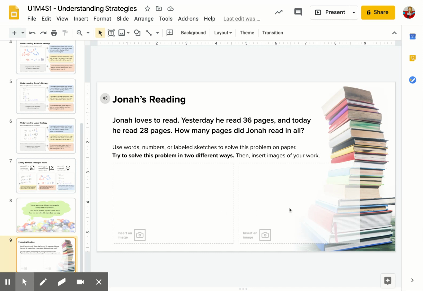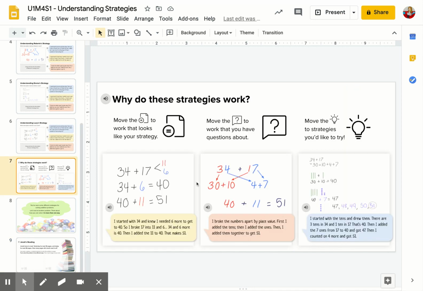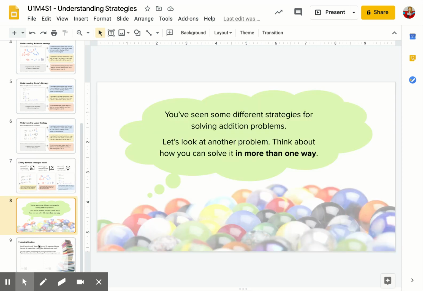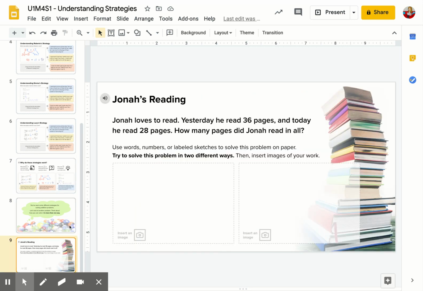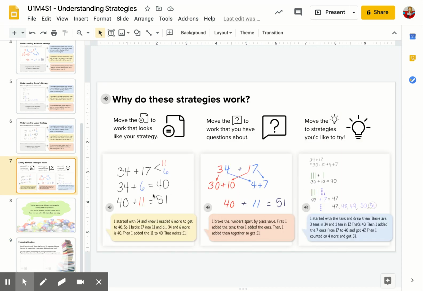If you can't remember what a strategy is, you can go back to slide number 7 or one of the other ones and think about how could you do this problem, not that one, this problem with the books. How could you do that problem using one of these strategies? Give it a try. It's really a fantastic idea to have more than one strategy for solving problems. So go ahead and do that, and that is it.